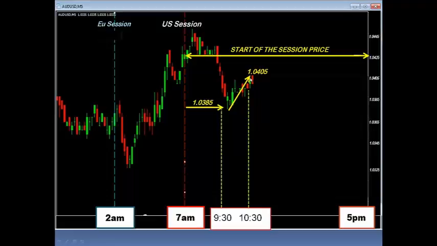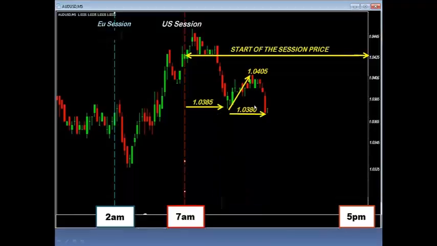As a trader, as someone that's looking to determine the direction of the market, I'm looking for this price to eventually come back down and break this lower level to truly start thinking that this trend is going to continue for the rest of the session, whether it be for the next 2 hours, 3 hours, or all the way up until 5 p.m. this afternoon. But the key mark at this point is to have the price come back down after a significant retracement of 104.05 all the way down to 103.85 and make a newer low.